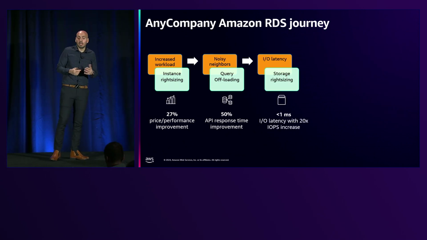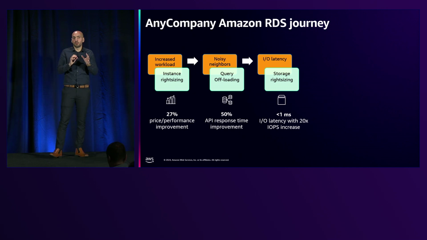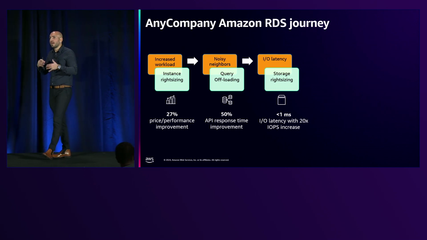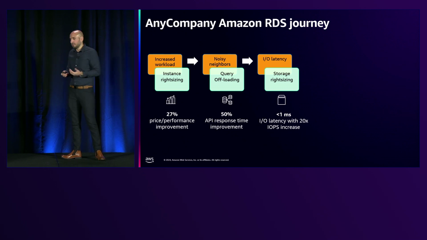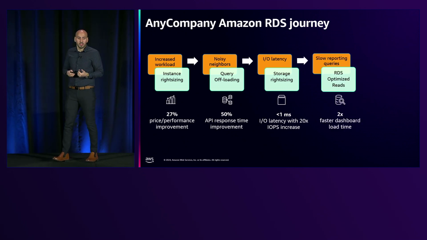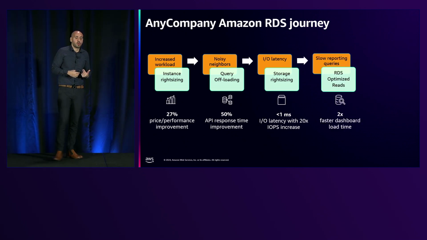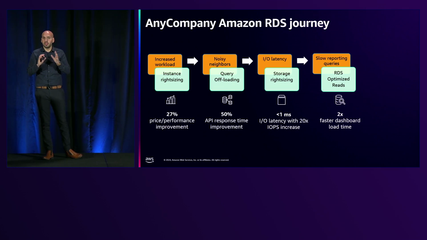Later, we had the issue of I/O latency. And by doing storage right-sizing, by moving from GP2 to IO2 Block Express, we managed to achieve sub-millisecond I/O latency. Later, we had the issue of slow reporting queries. We noticed that these queries are complex. They run a lot of joins and order by and group by operations.